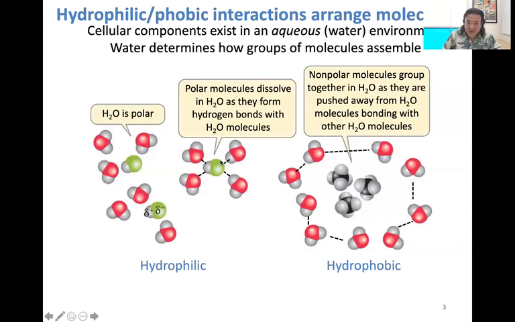The negatively charged green part of it tends to attract the positively charged hydrogens of the water molecule. And likewise, the hydrogen part of this compound happily attracts the red oxygen parts. As a result, we say it's hydrophilic because the water loves it, right? The water surrounds it, and whatever this compound is easily dissolves because these individual molecules float off into the water.